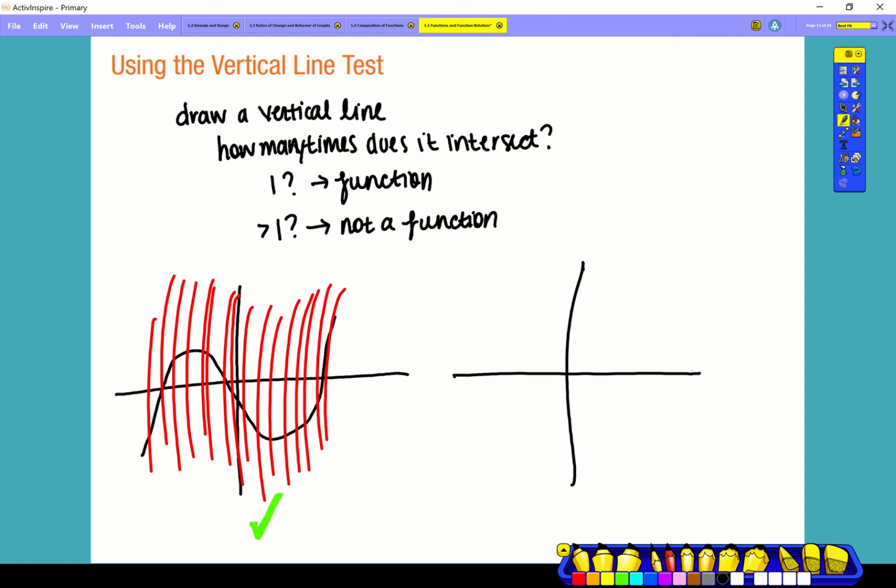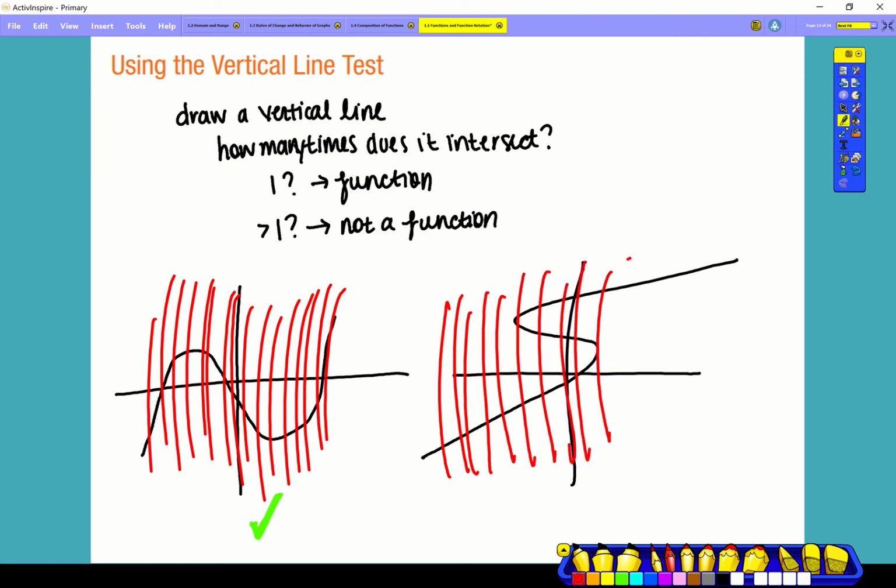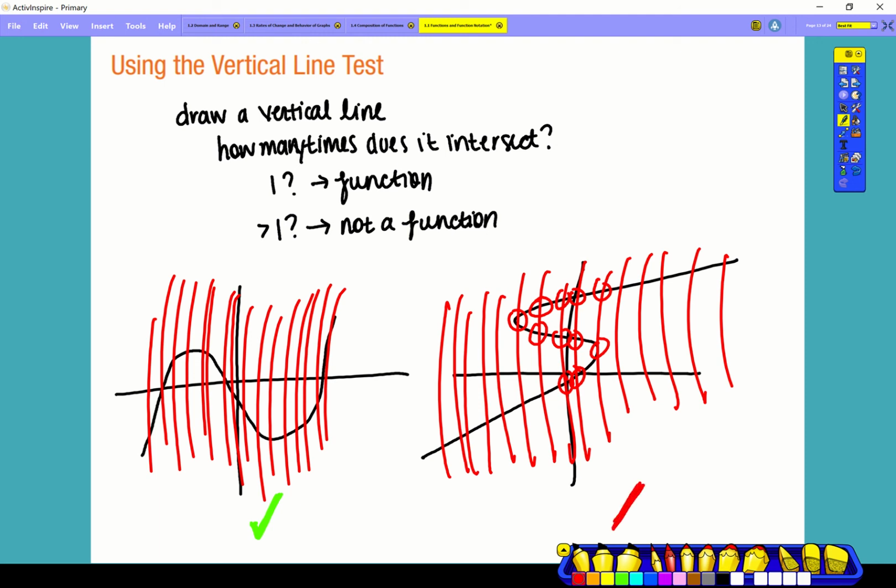Now let's have a look at this guy. Weird, right? I know. And let's draw all these vertical lines. Super vertical lines. Oh no! We're running into problems. Look at this, and this, and this is a problem, this is a problem. Oh my gosh, look at how many times it intersects this graph more than once. This is not a function. And that's what the vertical line test tells you.